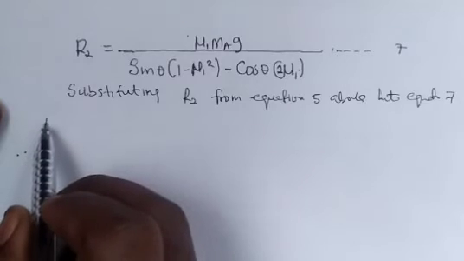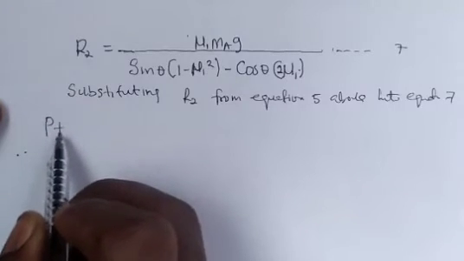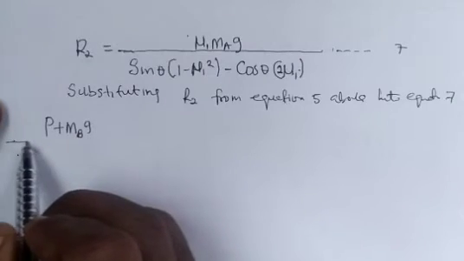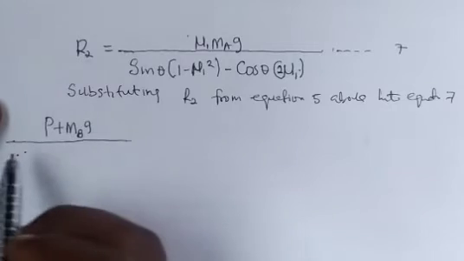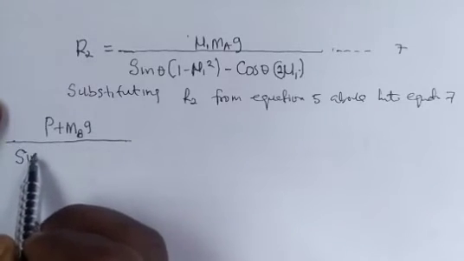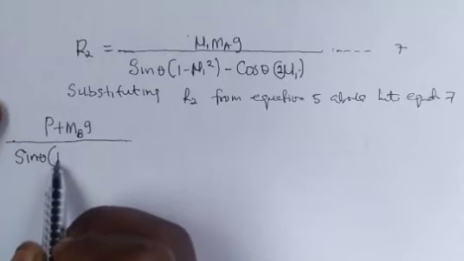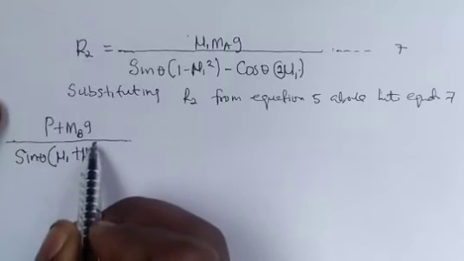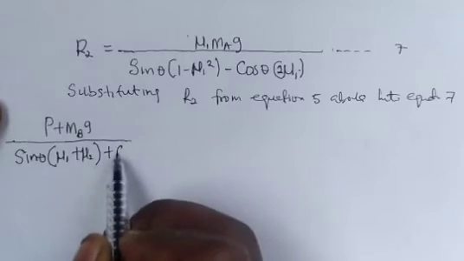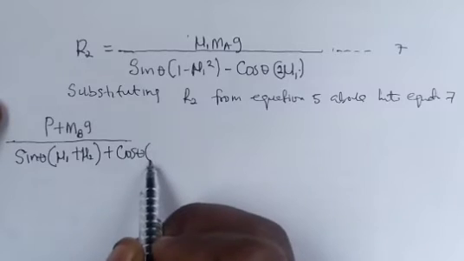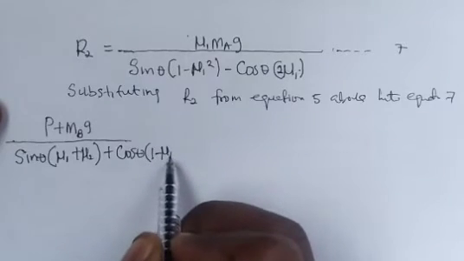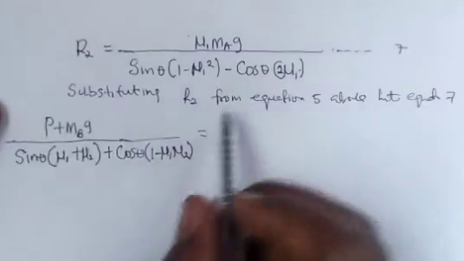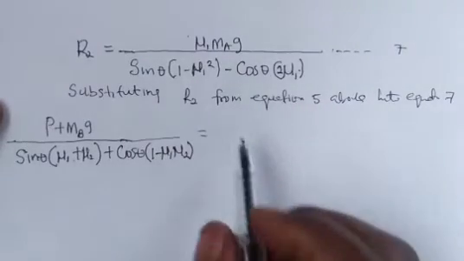The R2 is given as the force plus the mass of wedge B times gravity, all over sine theta bracket mu1 plus mu2, we close the bracket, plus cos theta bracket 1 minus mu1 mu2, equals to this. This R2 is this, then equals to this, and this is what?